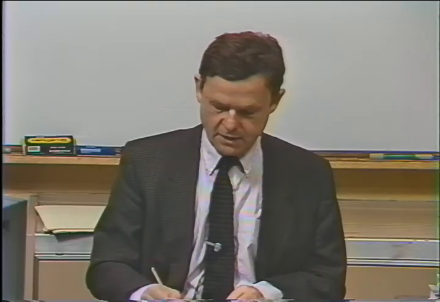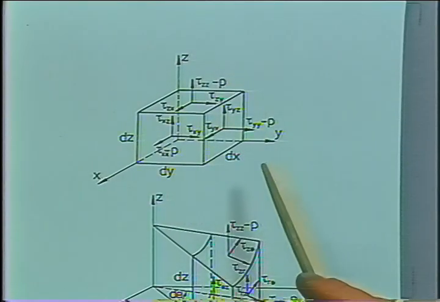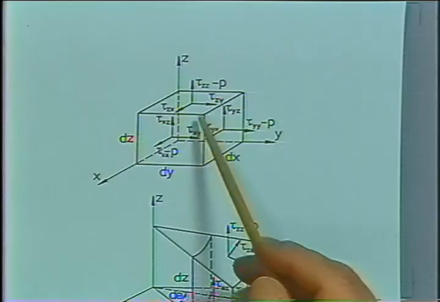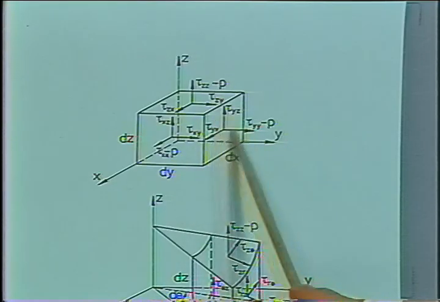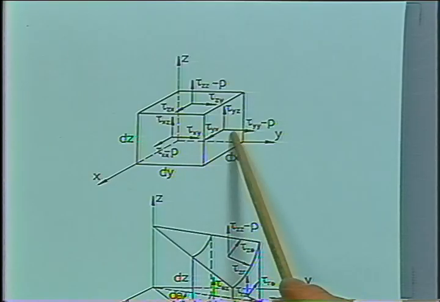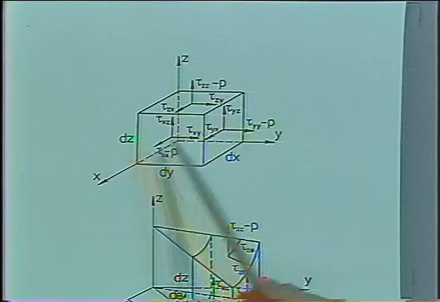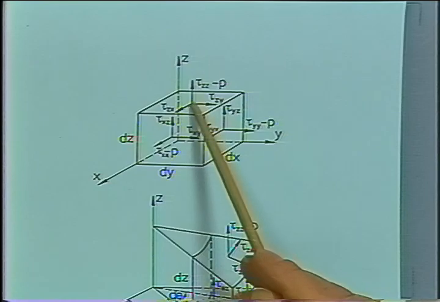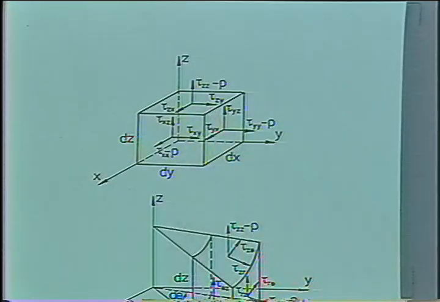Now, you can choose a Cartesian coordinate system. I did that so far for all cases, and you can define now the stress tensor components on those different planes. This would be a y plane, this would be an x plane, and a z plane, and you have always one normal stress and two shear stresses on those planes.